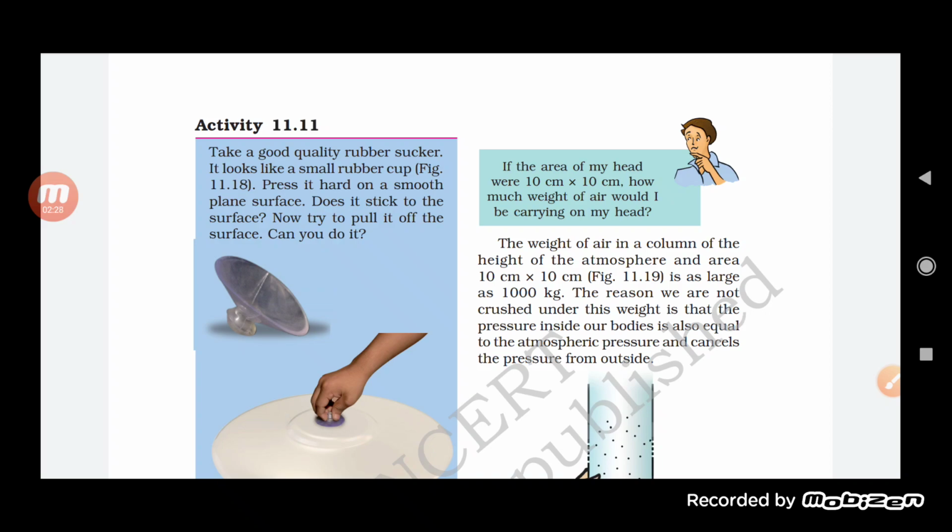Suppose we have a bottle filled with water, and we make four holes on four different sides of the bottle at the same height. When we fill the bottle with water, water starts coming out from the holes at the same depth equally, with equal pressure. So we can say that the pressure exerted by the water will be equal at the same, definite height.